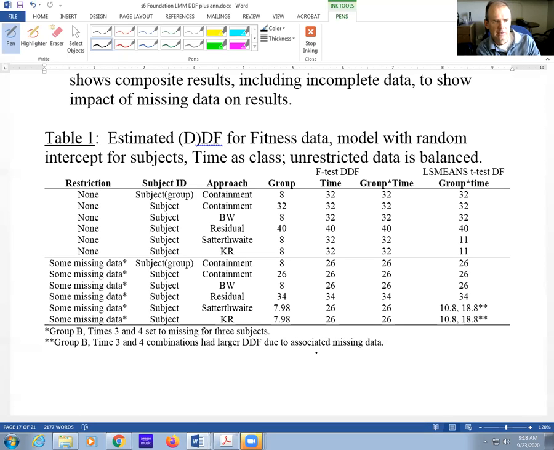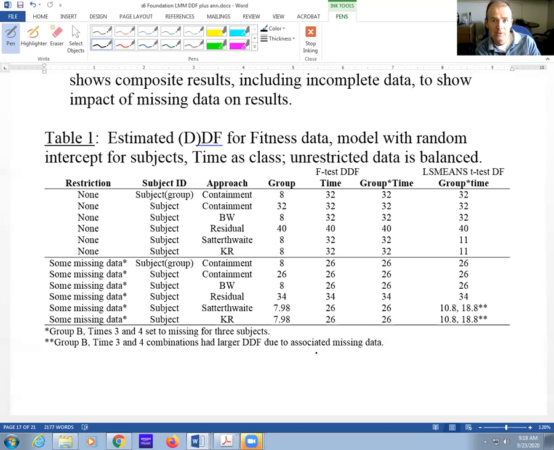So that's usually not appropriate. Residual is not appropriate for longitudinal data because you're not taking into account correlation in the data and repeated measures. So it comes down to the other 4.